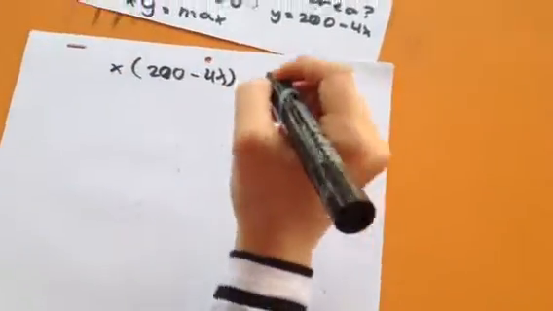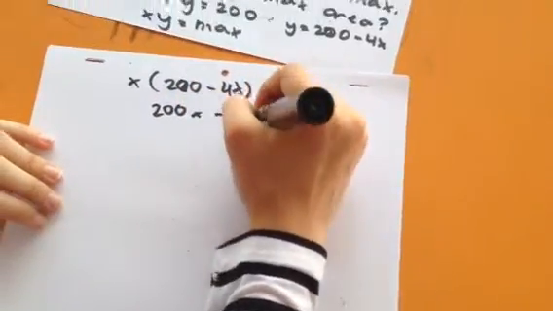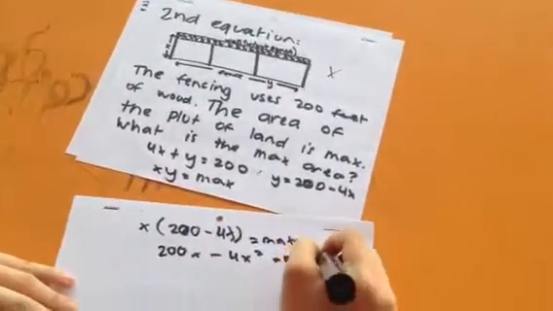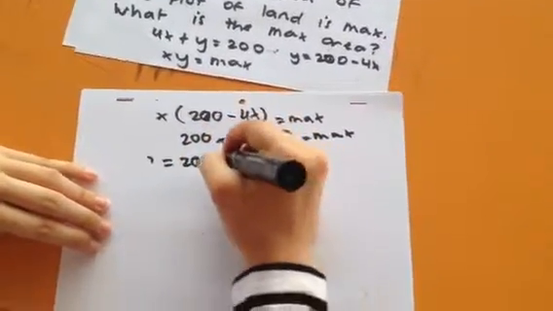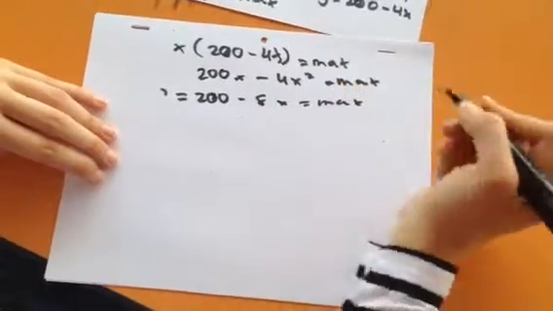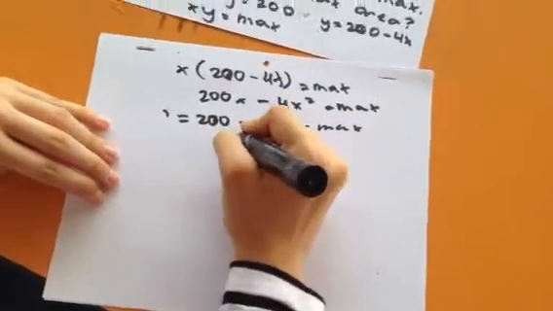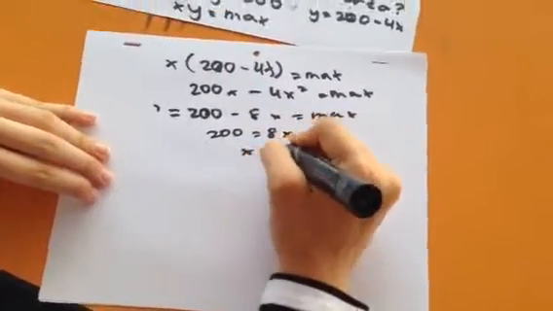And then you simplify this. So 200x minus 4x squared equals max. Now find the derivative of this, which is equal to 200 minus 8x equals max. And then you can see that 200 equals 8x, and that means x is equal to 25.